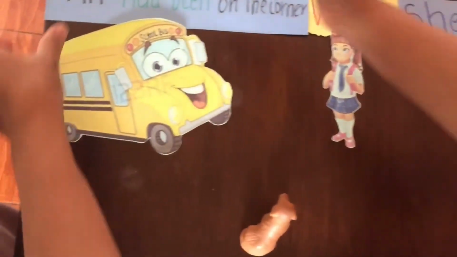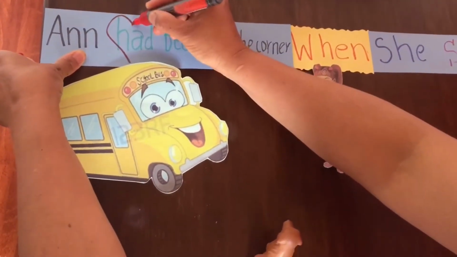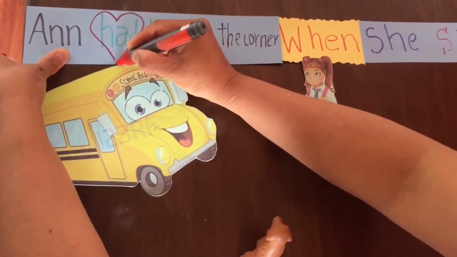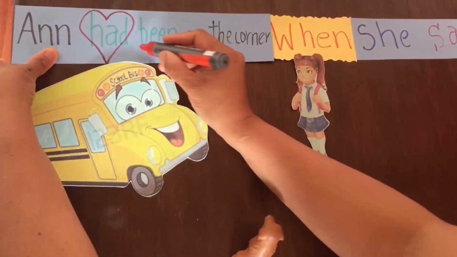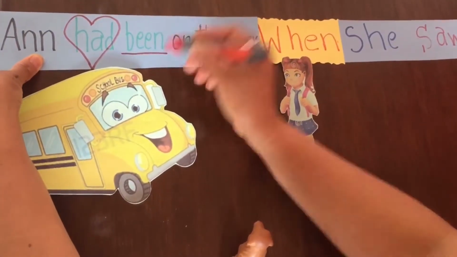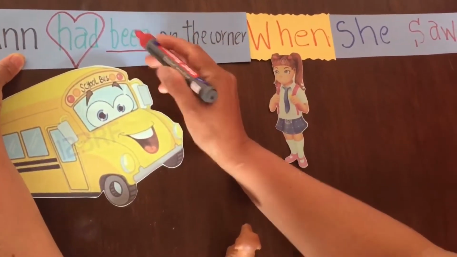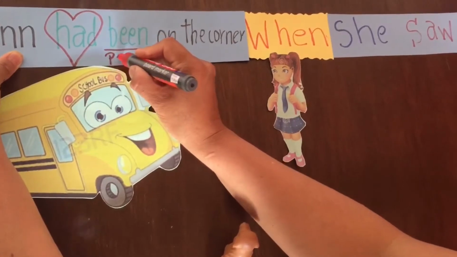Here we have to recognize that we have past perfect, that is had. And you have to remember that you have to use the verb in past participle, because in all the perfect actions, we have to use the past participle verb.